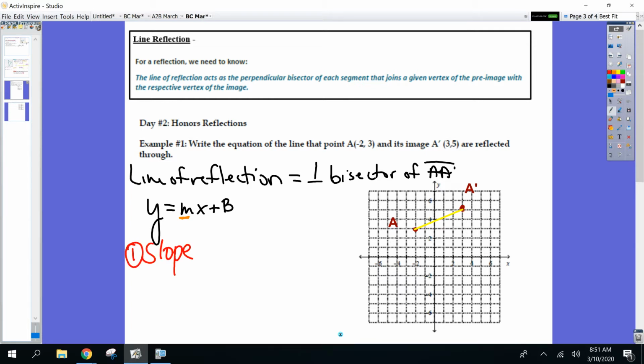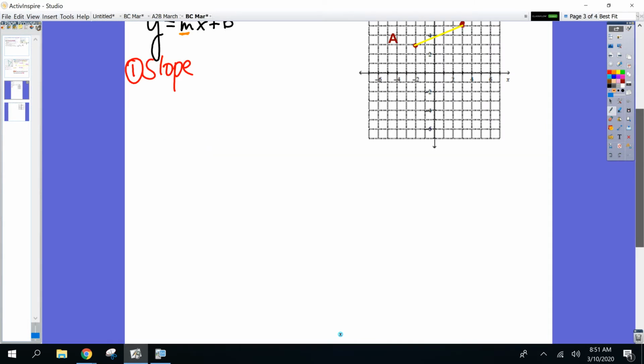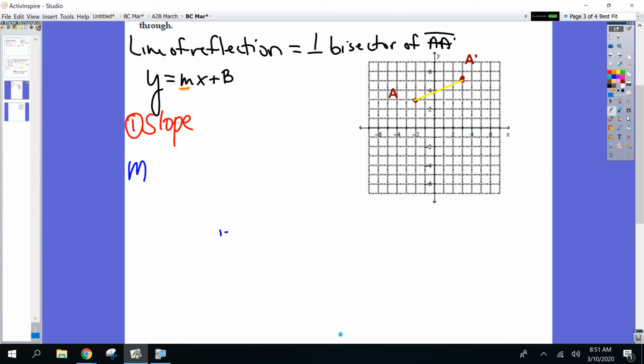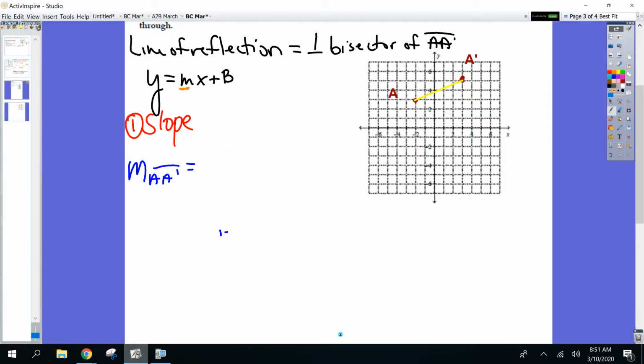All right, first thing I want to tackle here is the slope of your line of reflection. Did you find the slope of AA prime? What was the slope of AA prime? 2/5.